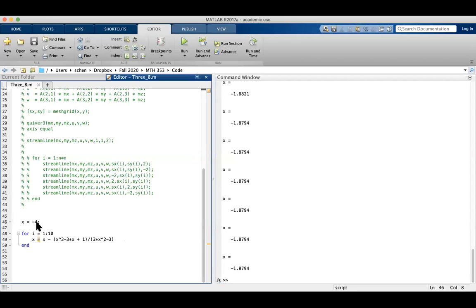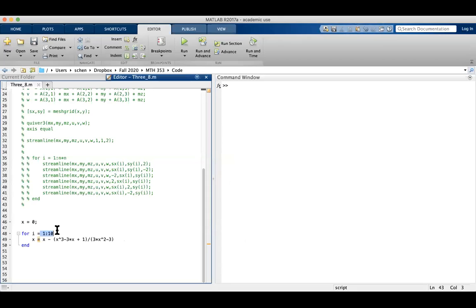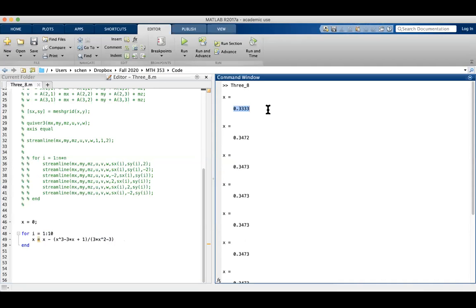Okay, so let's do it. We start from 0. We do it for 10 times. We take the next one to be the previous one minus f(x) divided by f prime(x). After the first time, we got 1/3.